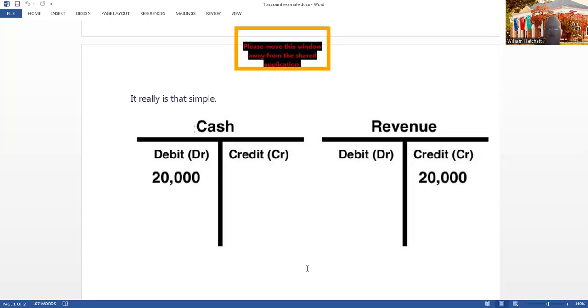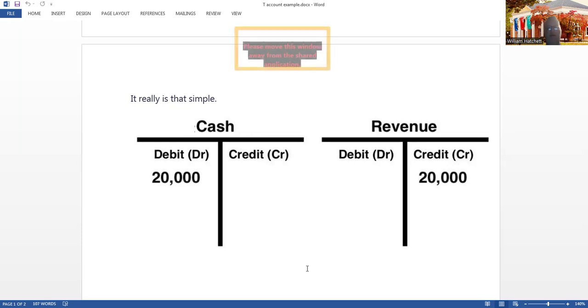But if a revenue account increases, that is a credit to that account. So one debit, one credit. And that's it. Okay. You have to keep up with a few different things at the same time. In particular, the rules of debit and credit. If you can keep those straight, then I think you'll be successful.